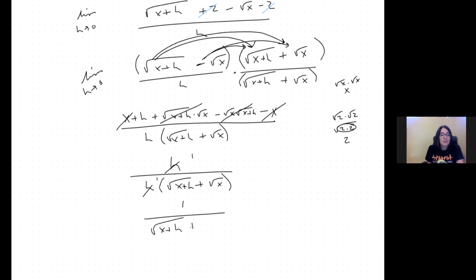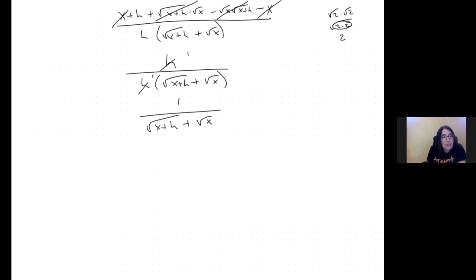And now we cannot, we should have been writing this all the way down. So as that goes to 0, we just have a square root of x plus a square root of x. Since they're common terms, we add them. And that is our answer.